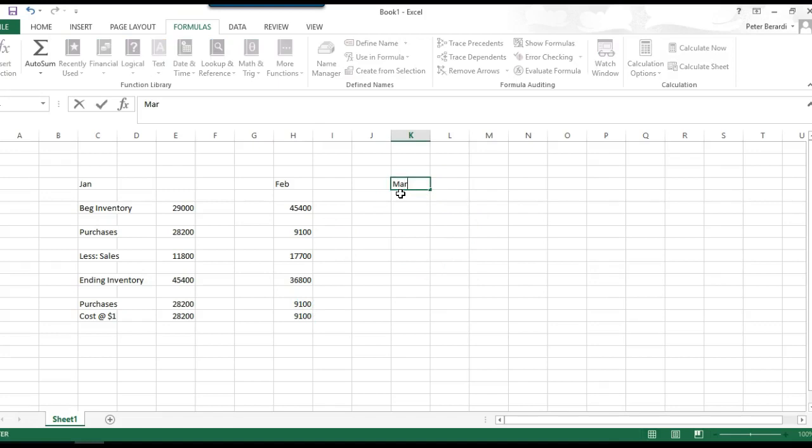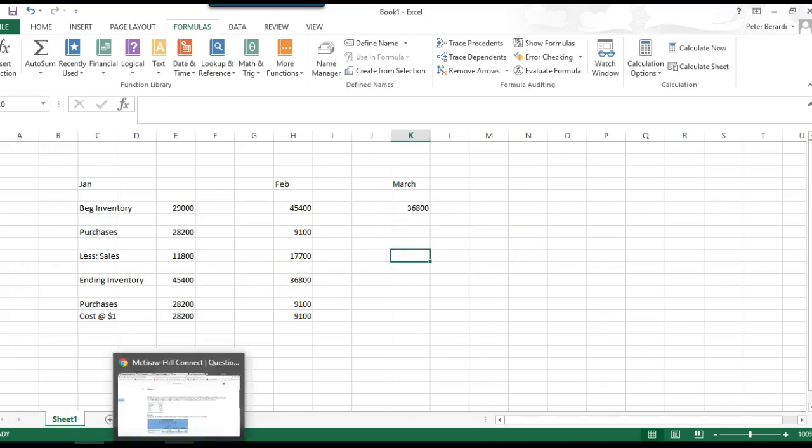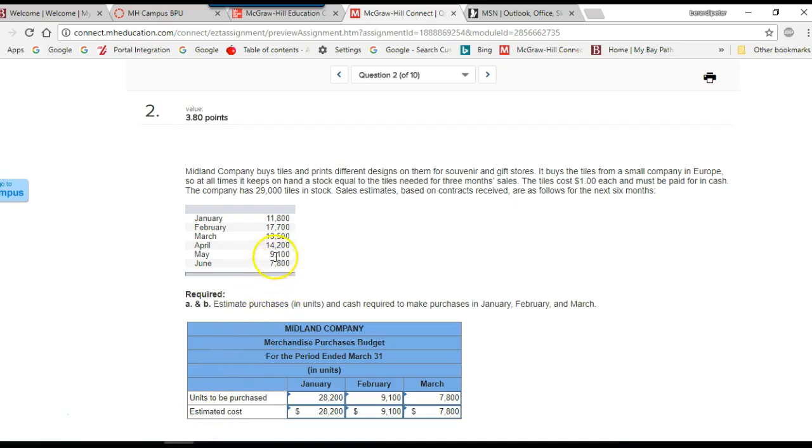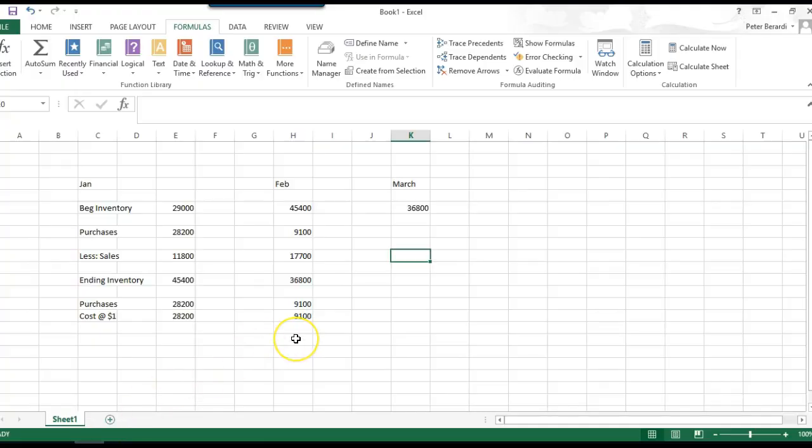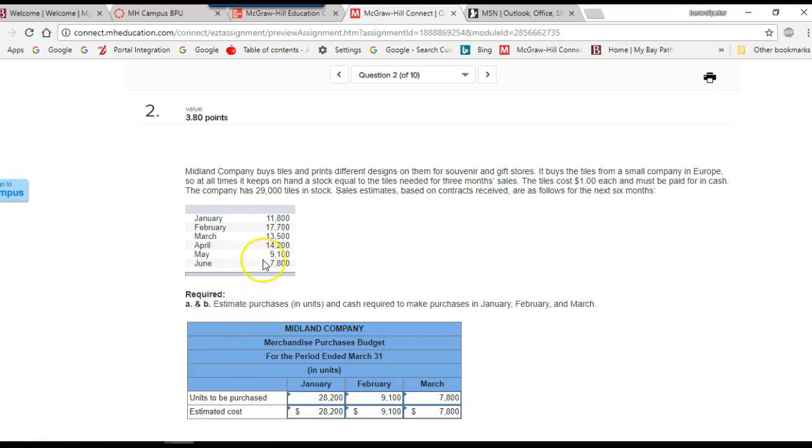For March, same approach. Ending inventory becomes beginning inventory. Purchases unknown. The sales for March are 13,500. And ending inventory is the 3 months, so it's 14,200, 9,100, and 7,800. 3 months forward, April, May, June.